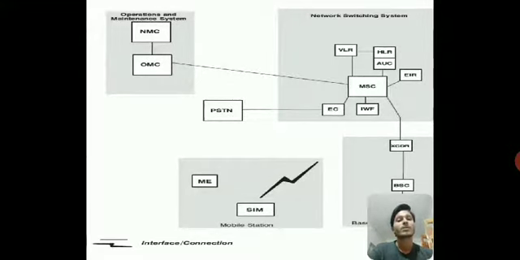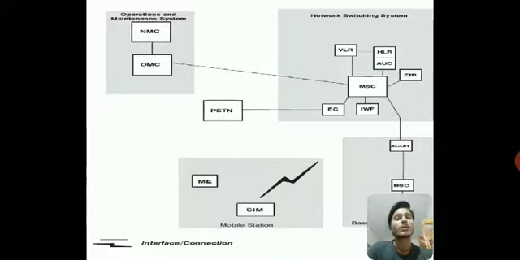This figure shows interfaces and connections of the GSM network architecture. The operation and maintenance system is NMC and OMC. In the network switching system, the main element is the MSC.